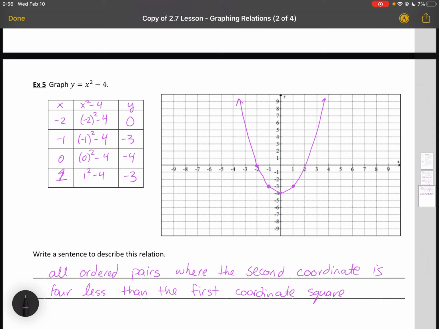So that gives you some practice going back and forth between words and the equation. It's important to understand what an equation represents in words to be able to effectively describe the relationship between the two variables.